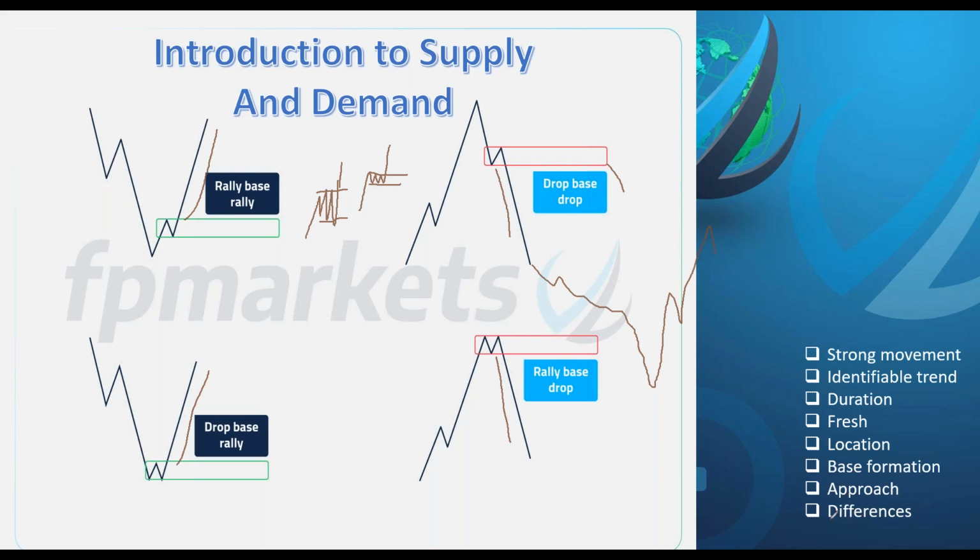Another point is the differences between supply and demand and support and resistance. Although, I guess you could say they are essentially the same things, but I believe there is a difference. So I will highlight this as we progress, probably more in part 2, to be honest.